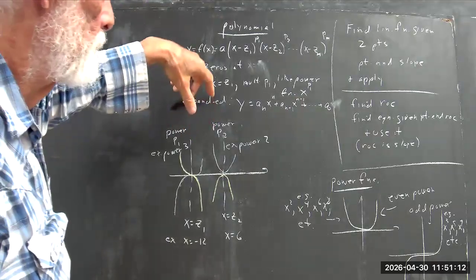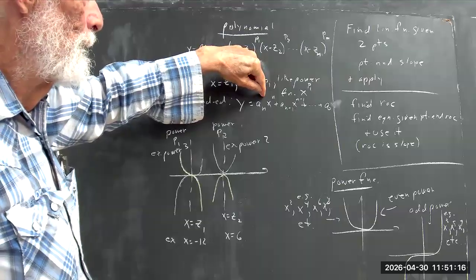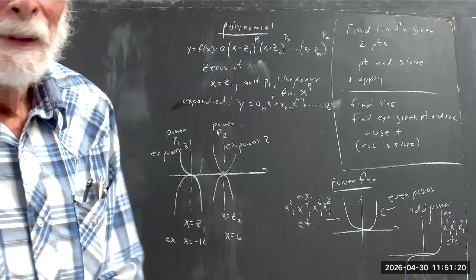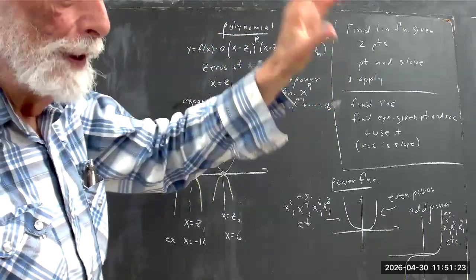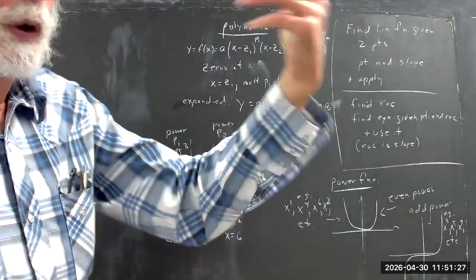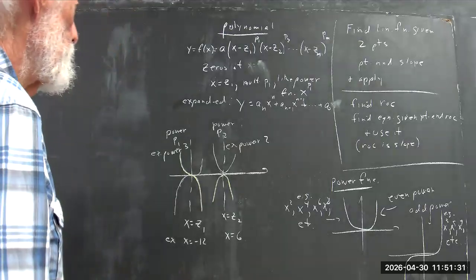If you expand it, you're going to get different powers of x. You know that if you've expanded these. You might get x to the 4th plus 8x cubed plus 5x squared minus 3x plus 12. You might get just about anything.